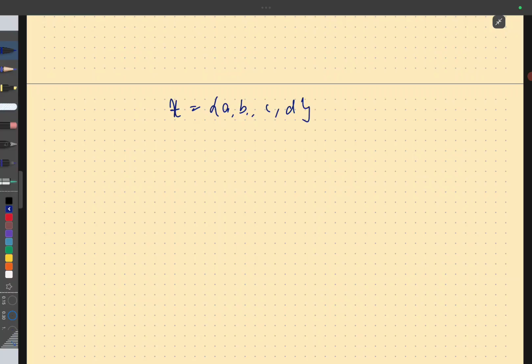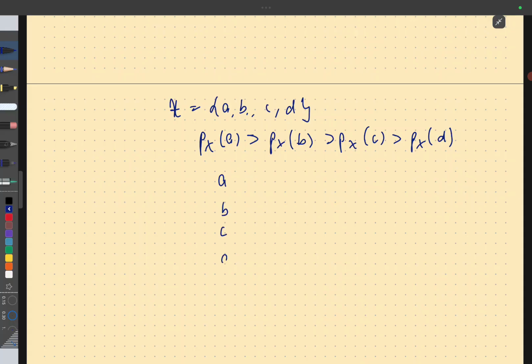Let's say that the probability of A is greater than the probability of B, which is greater than the probability of C and greater than the probability of D. So what would be the code words corresponding to A, B, C, and D in the optimal compressor? Correct. So this would be the empty string, this would be 0, 1, and maybe 0, 0.